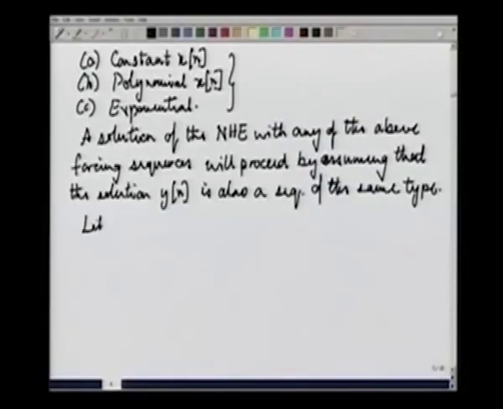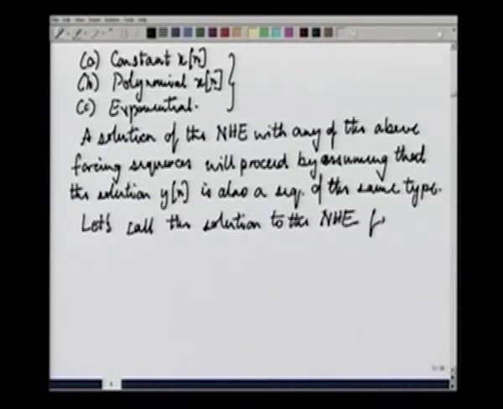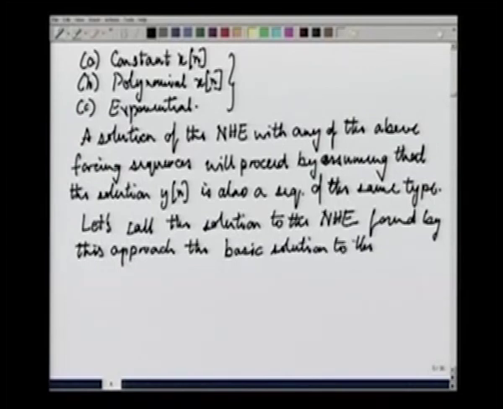Let us call the solution to the NHE found by this approach the basic solution to the non-homogeneous equation and denote it by psi 0 of n.